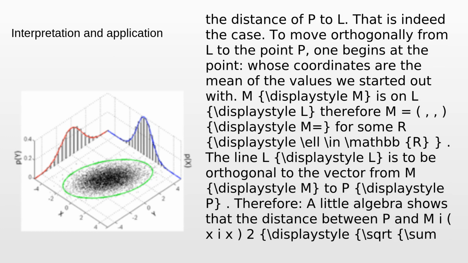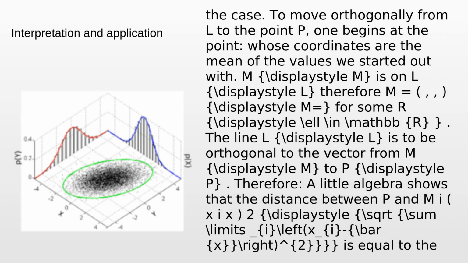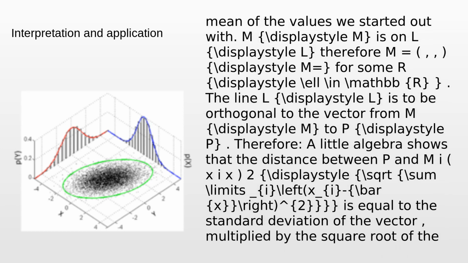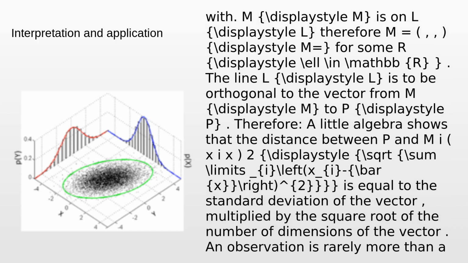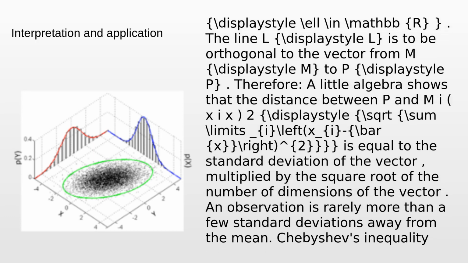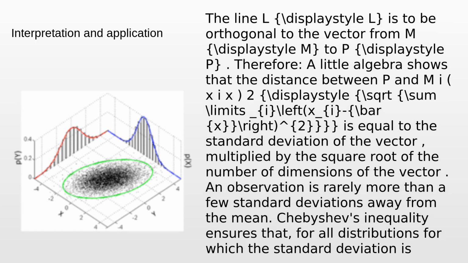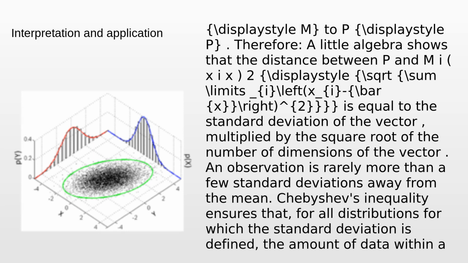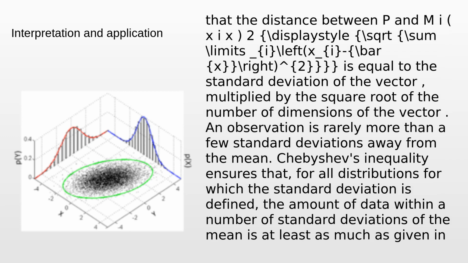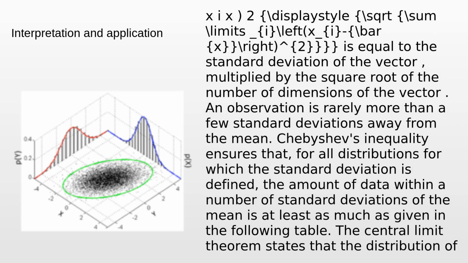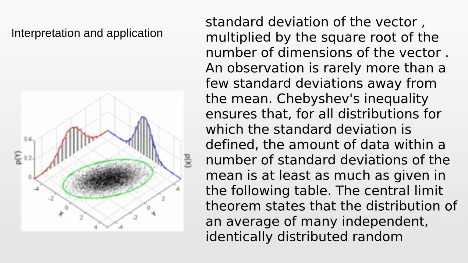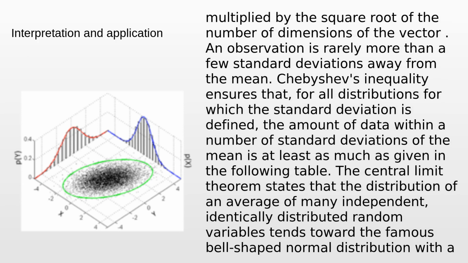M is on L. Therefore, M equals some r in R. The line L is to be orthogonal to the vector from M to P. Therefore, a little algebra shows that the distance between P and M, the square root of the sum over i of (xi minus x̄) squared, is equal to the standard deviation of the vector, multiplied by the square root of the number of dimensions of the vector.